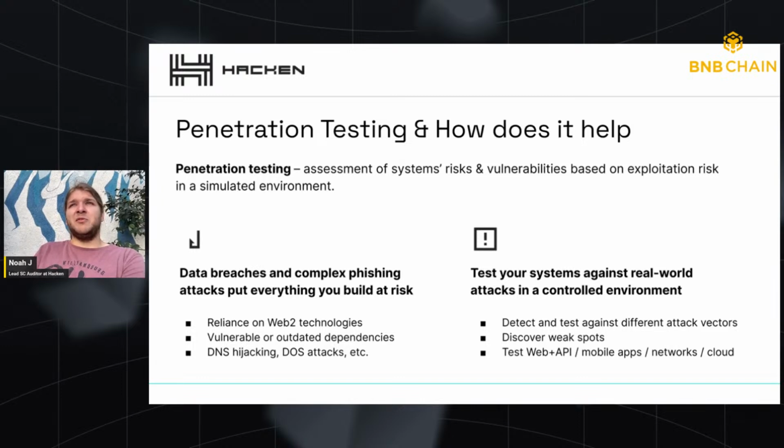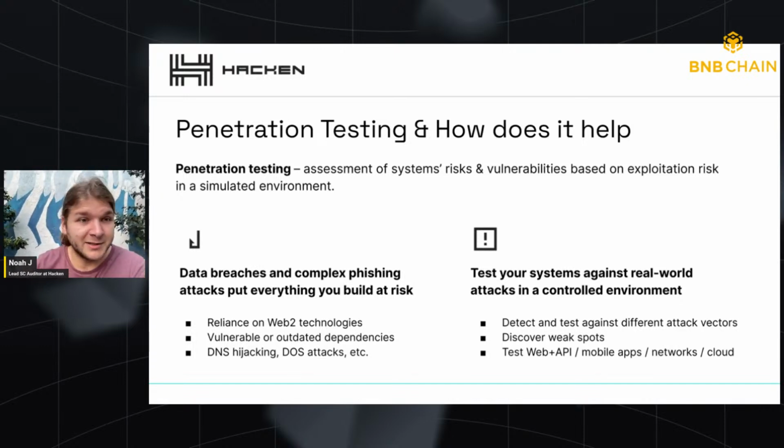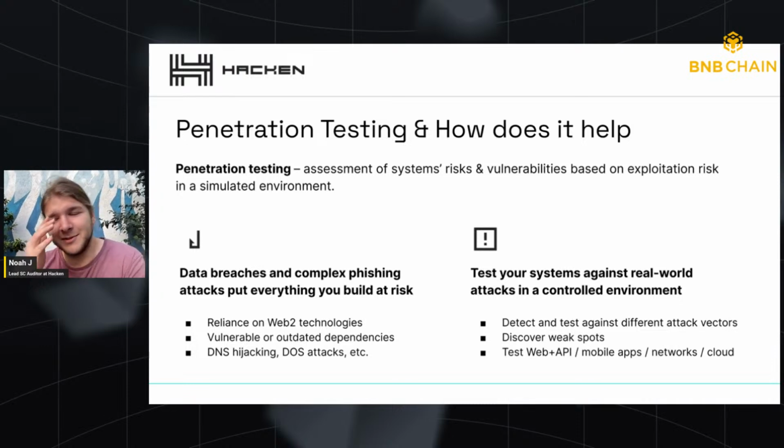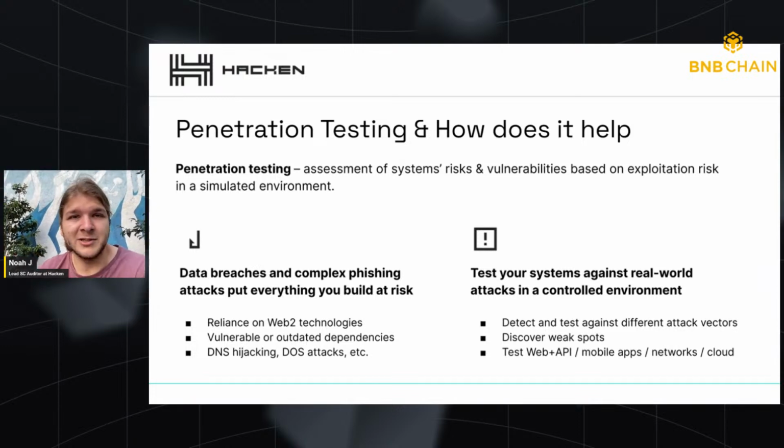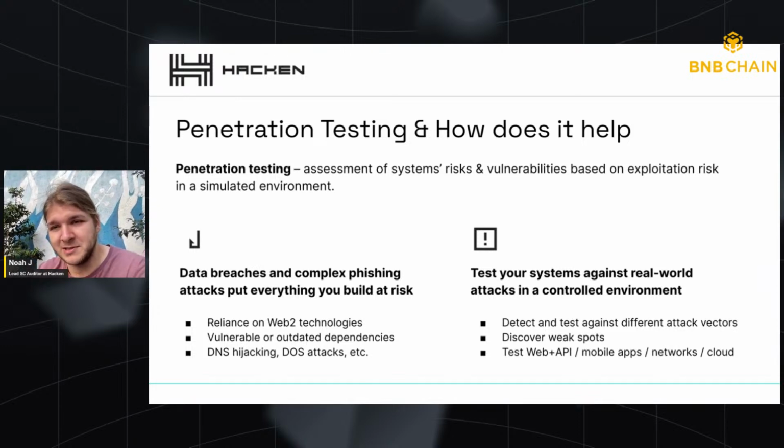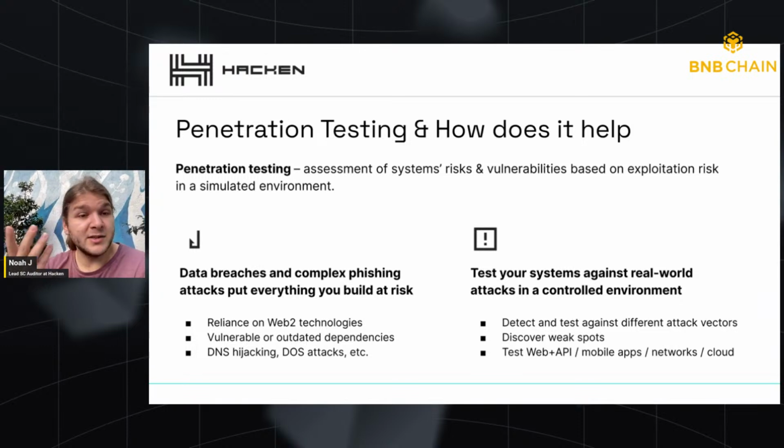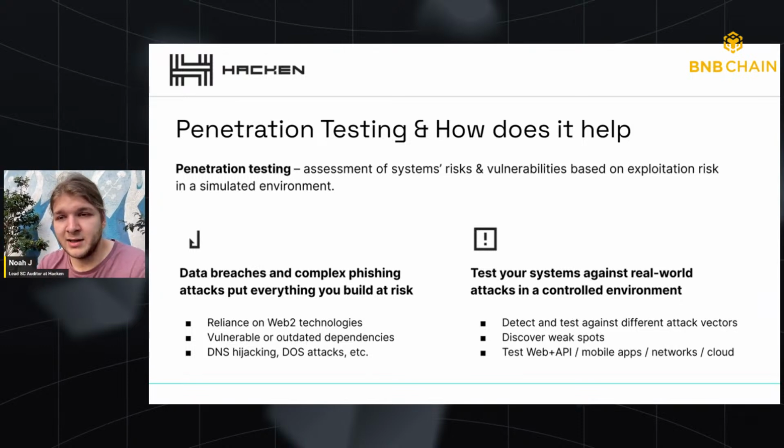Your DNS may be vulnerable, so you may have a perfectly bulletproof sale contract for your token, but someone's just going to abuse your website and make it sell a completely different token. Or your Discord. It's very common for people to get messed up in Discord. So it's going to be a standard security overview, and it's going to find any weak spots.